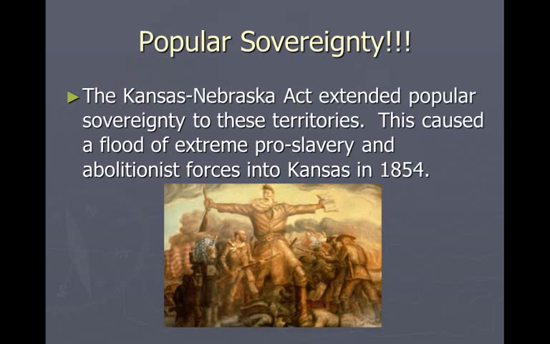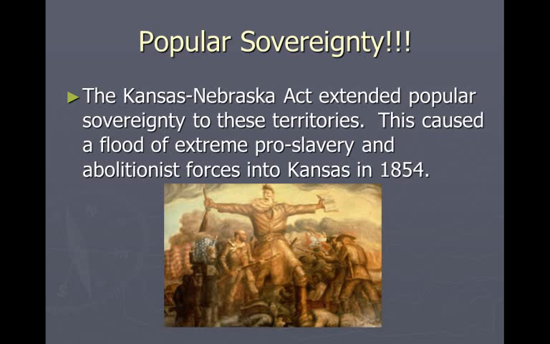One of the questions you need to ask yourself is, what kind of people were going to be motivated to move to Kansas in order to vote in an election about slavery? And the answer to that question is that the most extreme people on both sides of this question were the ones who were willing to give up everything to move to Kansas, to vote in this election to try to change the outcome of whether or not Kansas would become a free state or a slave state.